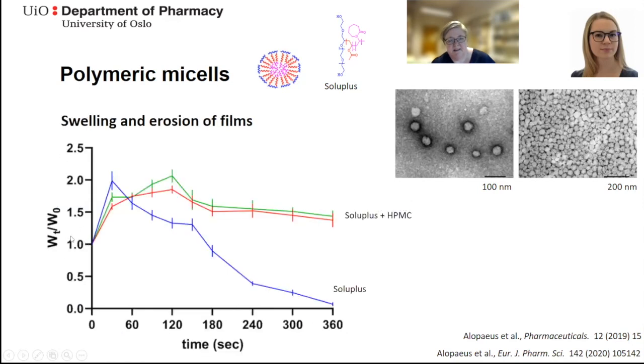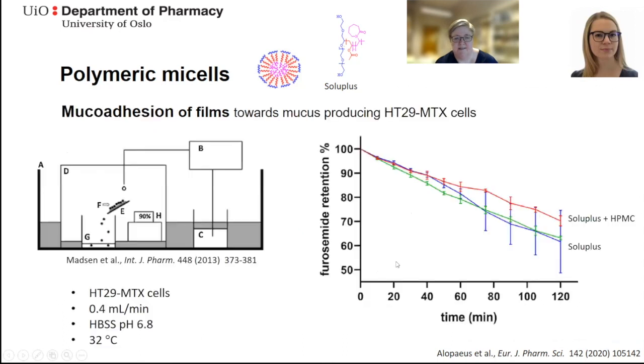We looked at swelling and erosion, and when the Soluplus was alone, the film eroded very rapidly. When we combined it with the polymer, and the green one here is the HPMC polymer, the micelles were maintained in a network, so they remained there and were not washed off as easily.